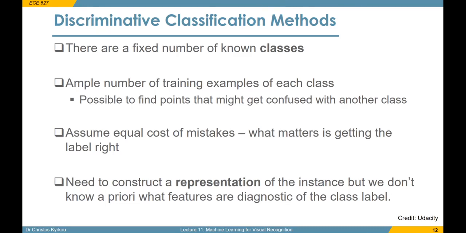So all misclassifications are treated equally. What matters instead is that we want to get the labels of the class right. And we need to construct a representation of the instance we want to identify and classify. But we don't know beforehand what is good in terms of features.